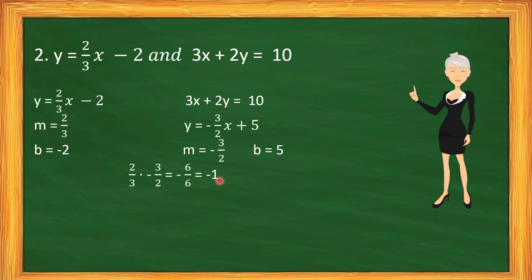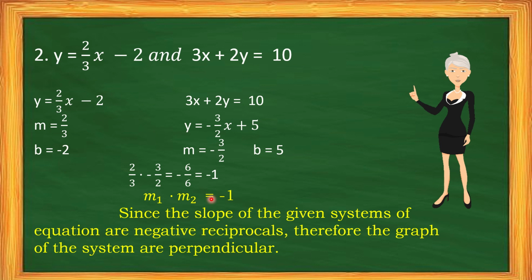Thus, the two slopes are negative reciprocals of each other. So in this case, so kahit hindi natin i-analyze ang y-intercept, basta ang slope ng dalawang equation ay negative reciprocals of each other, so ang mabubuo niya na line o ang graph ng systems of equation ay perpendicular lines. Since the slope of the given systems of equation are negative reciprocals, so ang magiging graph ng given system ay perpendicular.